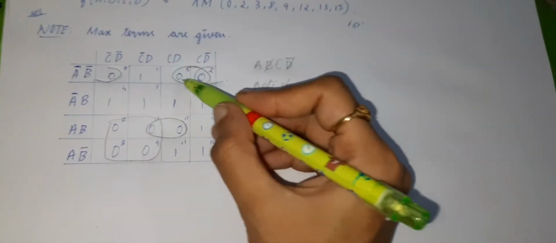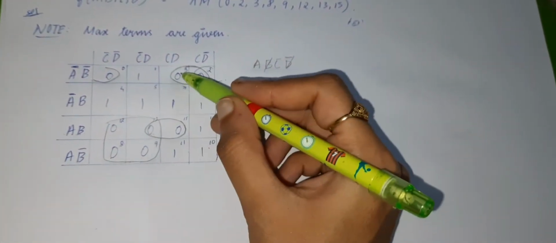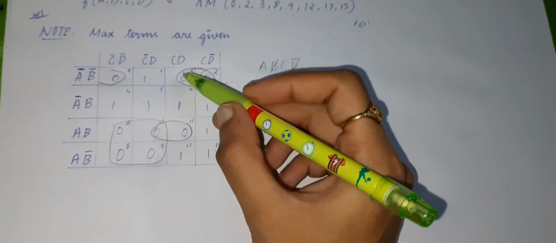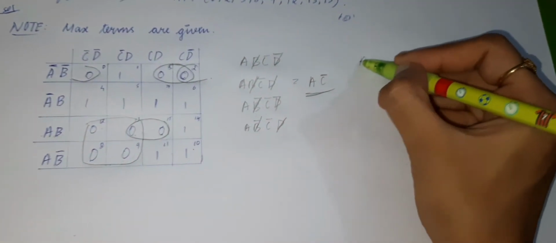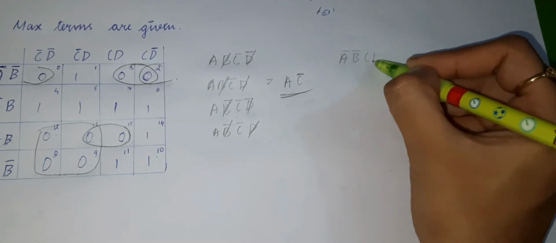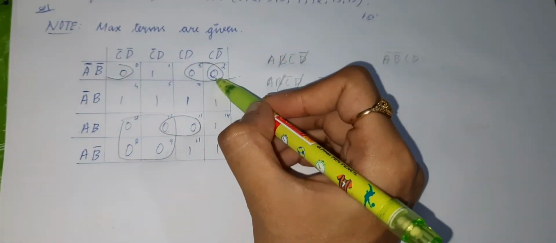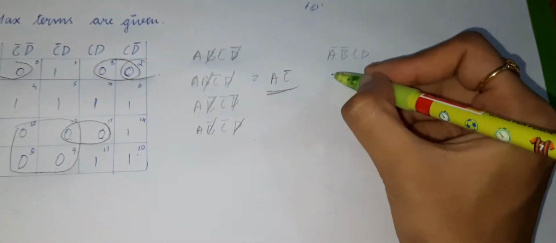And next represent these pairs. Let's represent this one. This 0 is represented as A bar, B bar, C, D, and this 0 A bar, B bar, C, D bar.